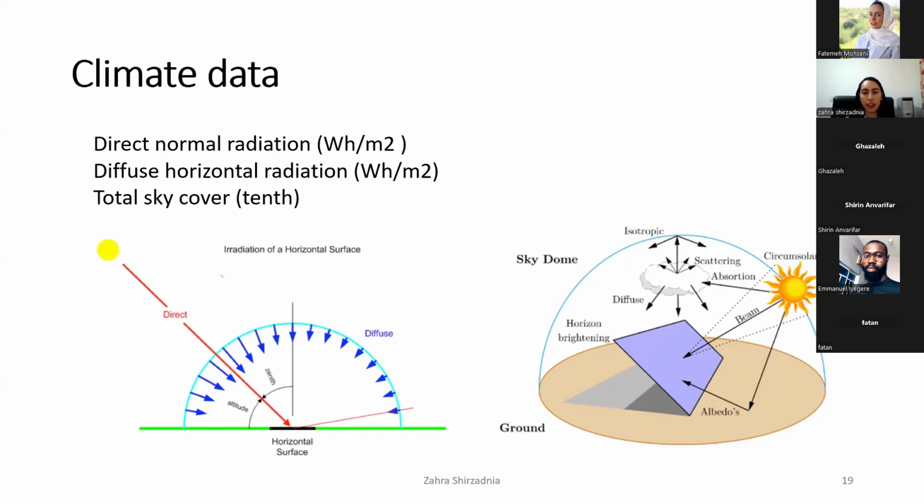And diffuse horizontal radiance is received by a horizontal surface after being scattered or diffused by the atmosphere. It is a component of global horizontal radiance which does not come from the beam of the sun. And then when you sum up these items, you arrive at the total sky cover, as you see in the picture right now.